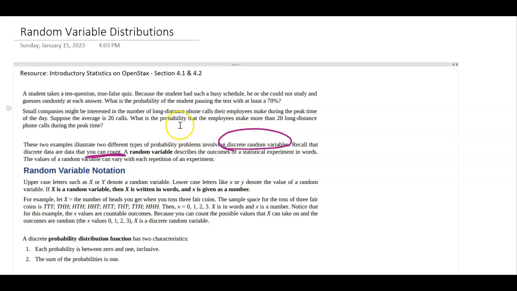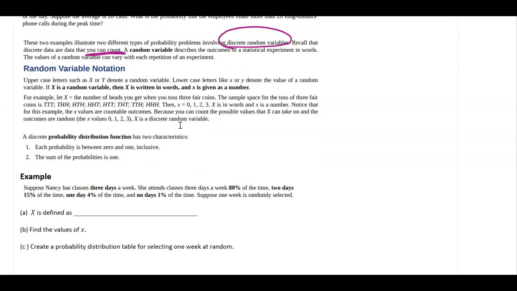Now, in this case, we're going to let capital X, capital Y, capital letters denote the random variable, and then the lowercase letter corresponds to the actual values of that number. So if X is the number of heads you get when you toss 3 fair coins, then here is the sample space of all those tosses, and we'd say that little x then could be 0, 1, 2, or 3.